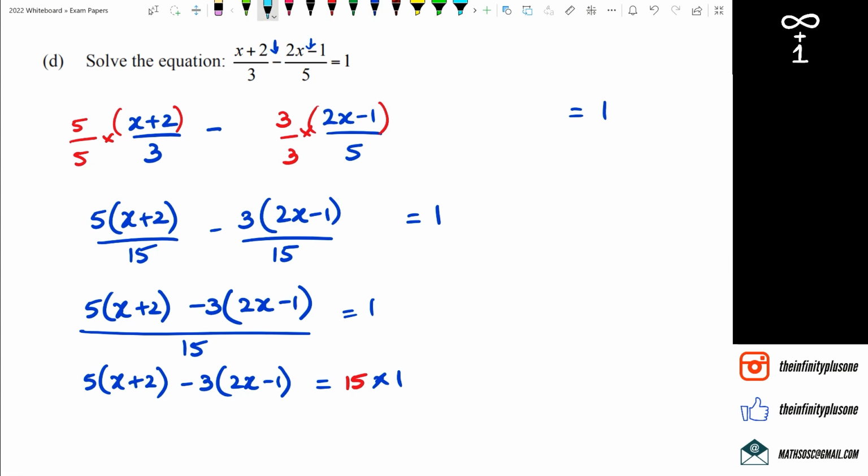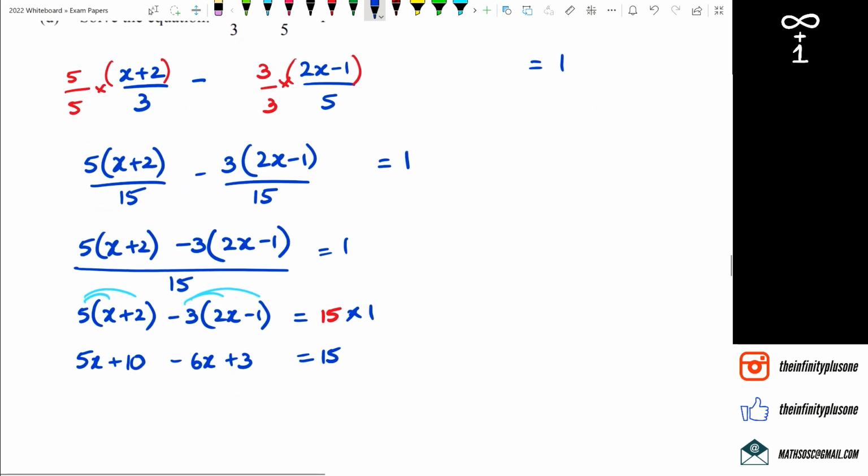We've got 2 brackets to expand, and we get 5x plus 10 minus 6x plus 3 equals 15. Simplifying, 5x minus 6x is equal to negative x, plus 13 equals 15.